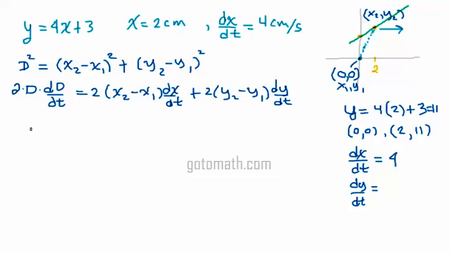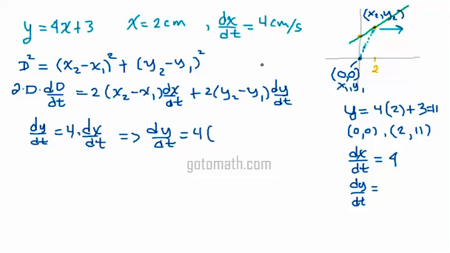I hate to have to do that to you, but the derivative of y is 1, but then we're going to write dy over dt, and then rewrite the derivative for x is just 4, and then we'll write dx over dt. And so therefore dy over dt, now we can plug in our numbers, 4 times our dx over dt is 4.